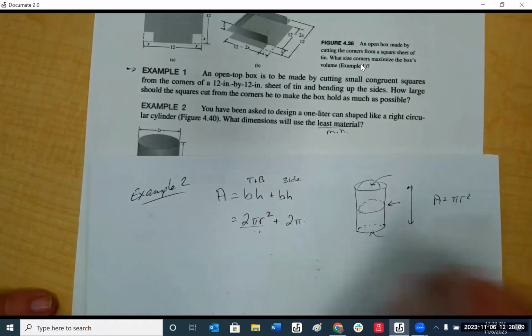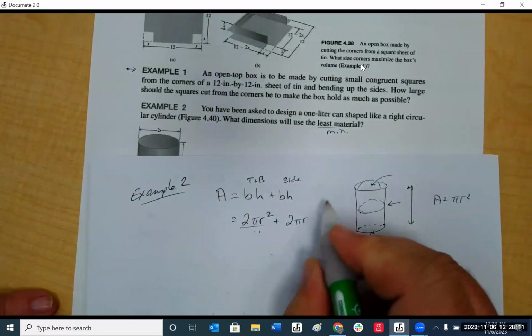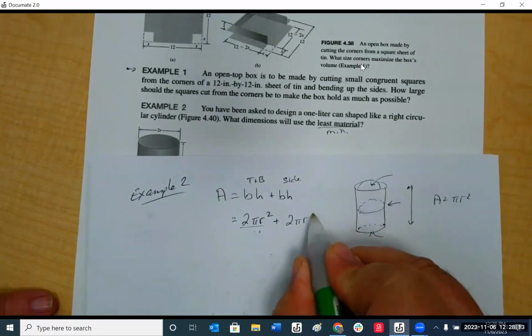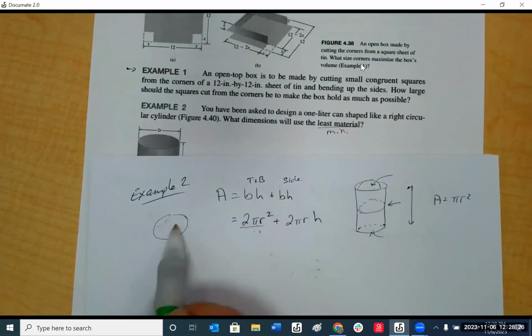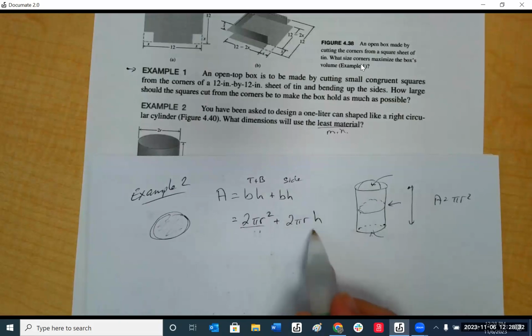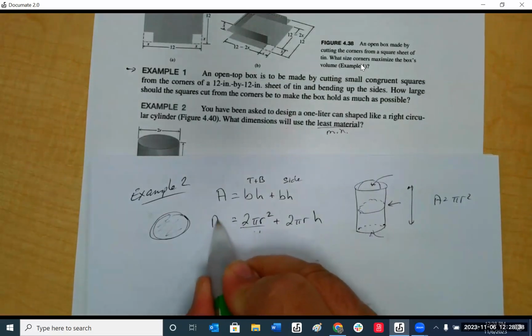Duh, we haven't taken that into consideration. Why isn't it squared? Because this is the entire circle. We only want the circumference times the height. This is our formula we'll be using.